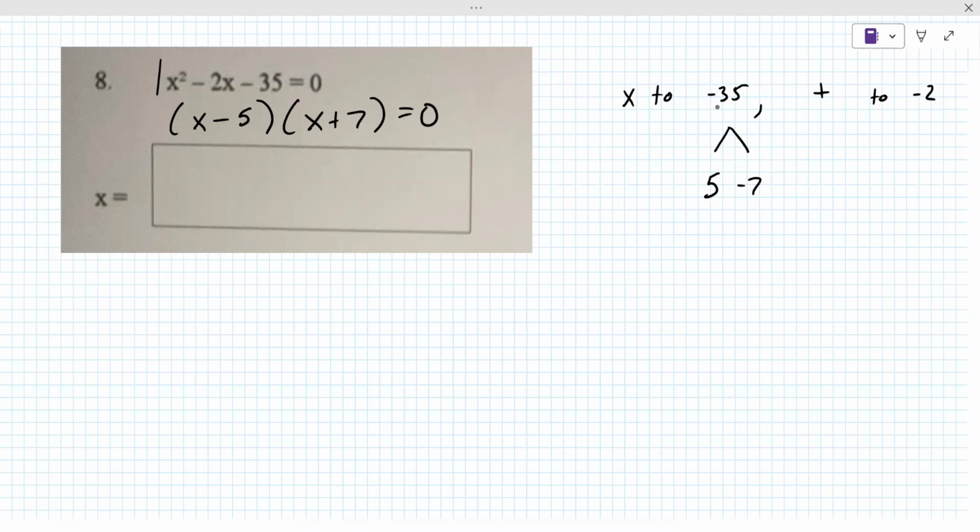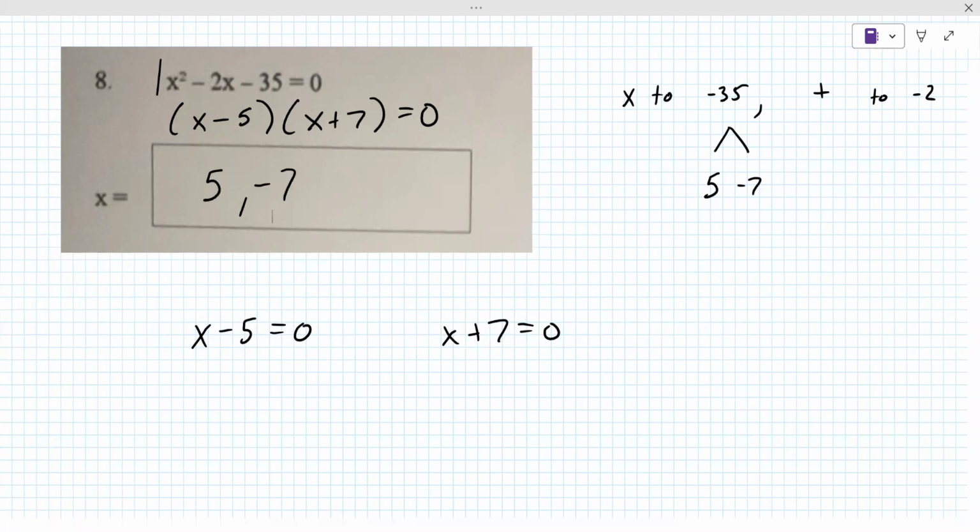Gotta have the two things in parentheses equal to 0. Yes, gotta do them both. Exactly. So it's x equals 5 and then x equals -7. Very good.